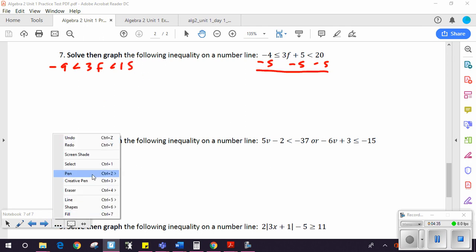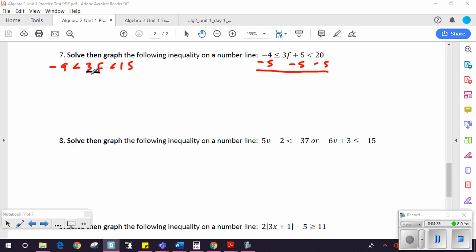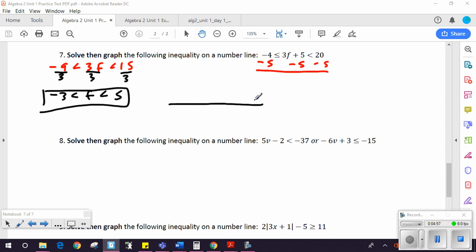And then continue until your variable is isolated. So now I would divide by 3 everywhere. And now you would get negative 3 is less than f, which is less than 5. So this is your solution. And now we're going to graph it on a number line.